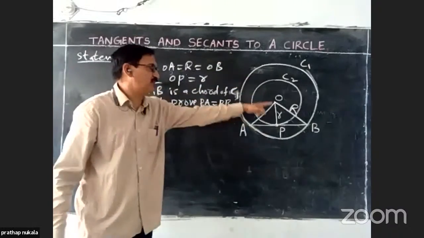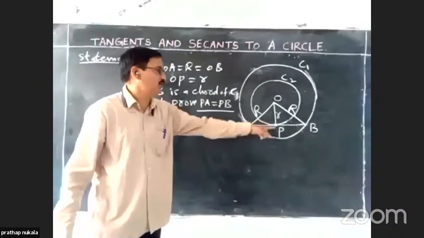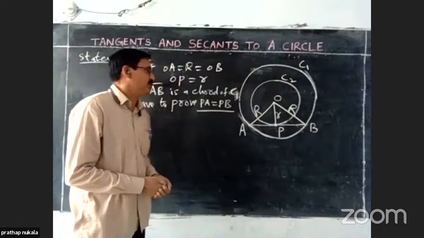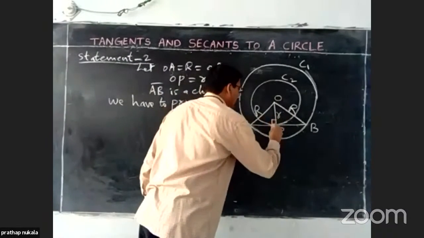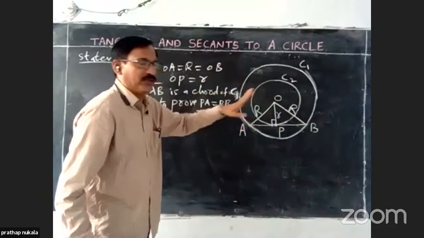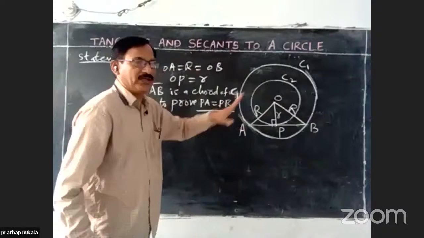That means the radius through the point of contact bisects the chord AB. Now, these two are right angles, as we already know. Consider triangle OAP and triangle OBP.